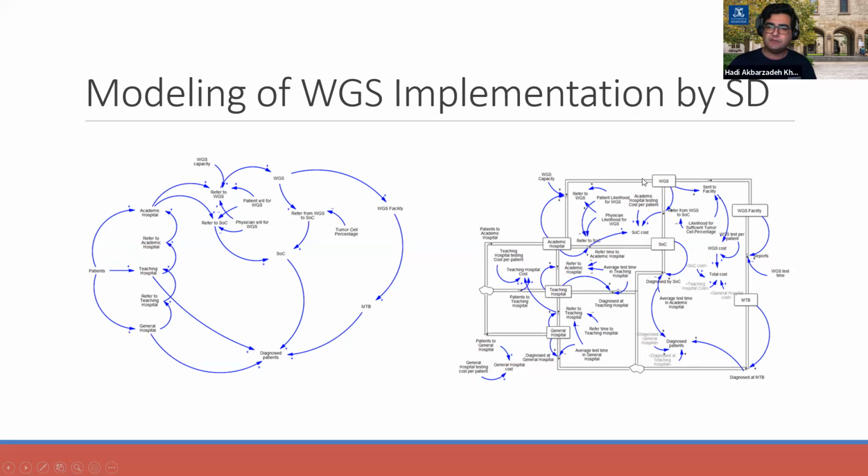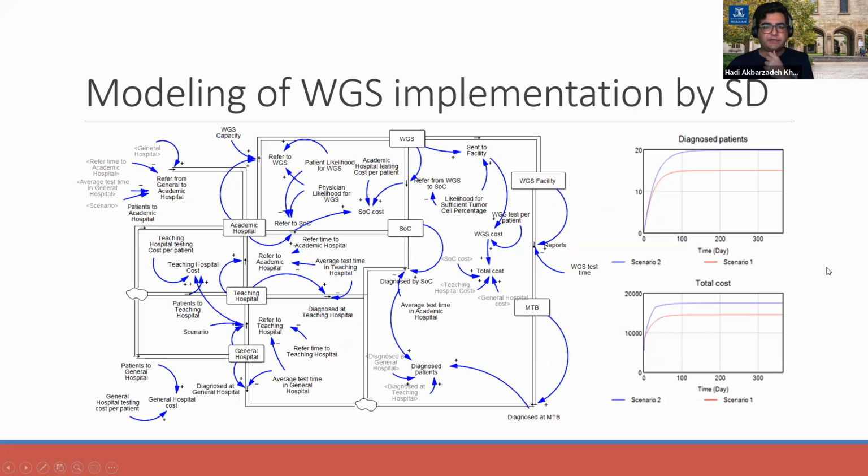We created a stock and flow diagram for this one. You can see it is more complicated because it deals with more complicated cases. I just wanted to explain one intervention: if we refer patients in a general hospital directly to an academic hospital, what will happen?